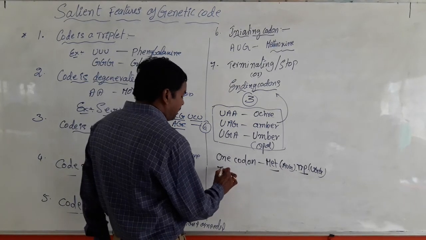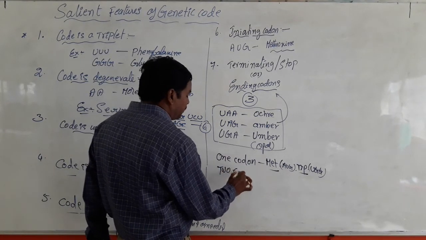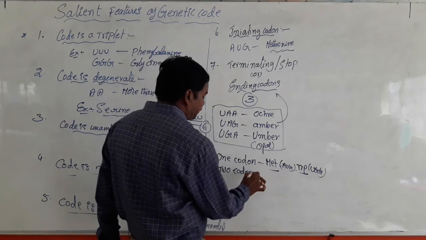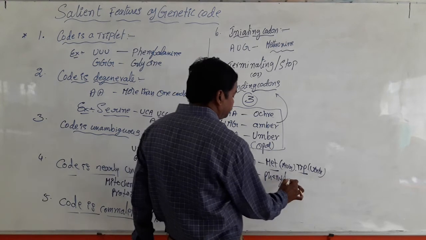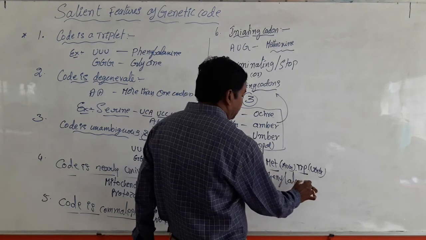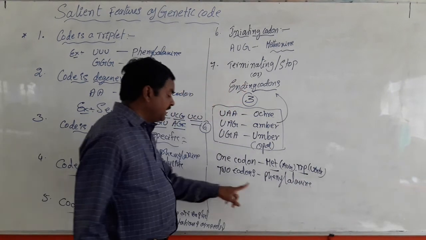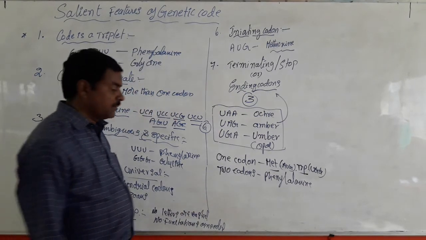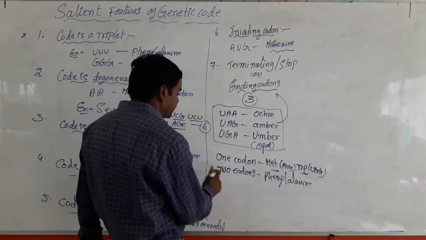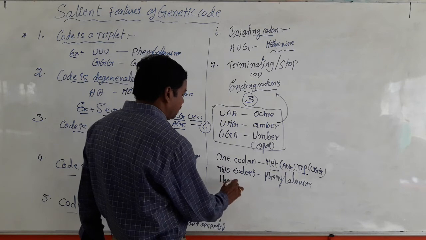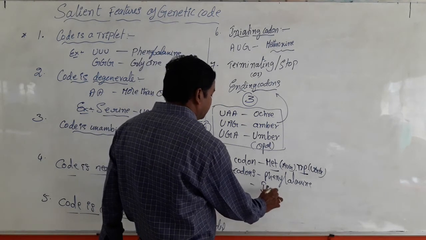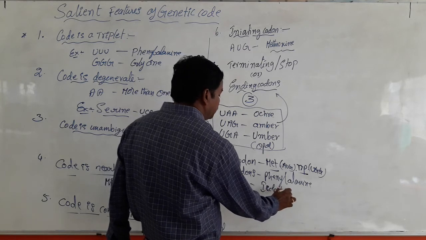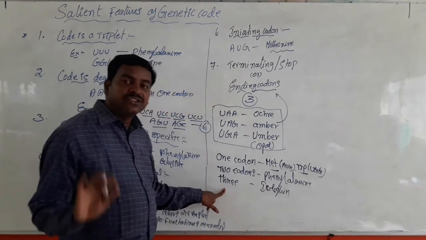But some amino acids are recognized by two codons, for example phenylalanine. Similarly, some are recognized by three codons; isoleucine is represented by three codons.